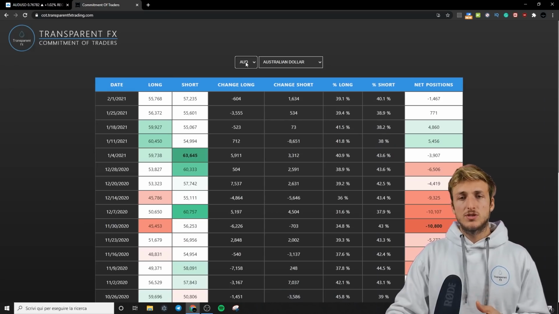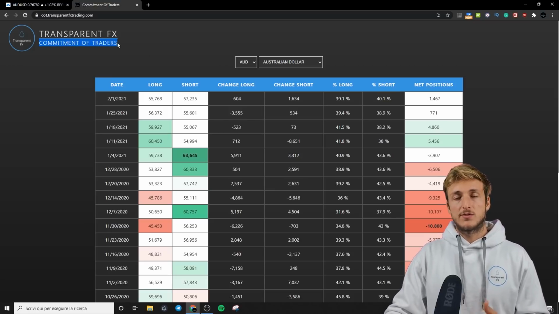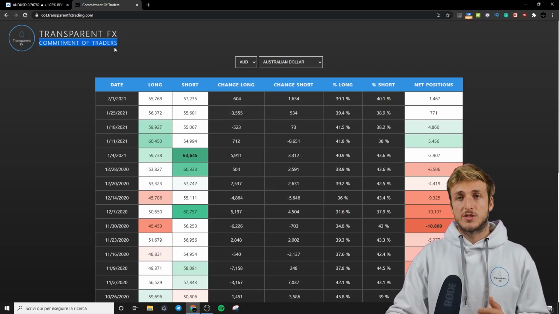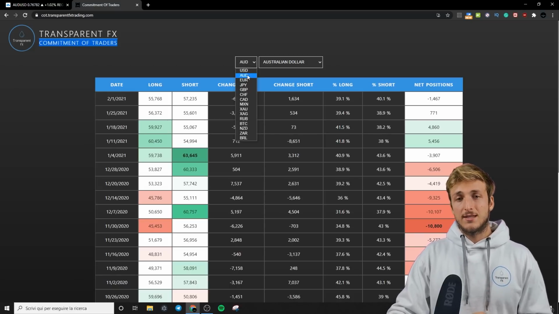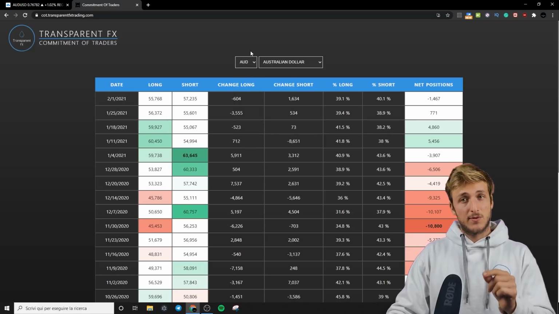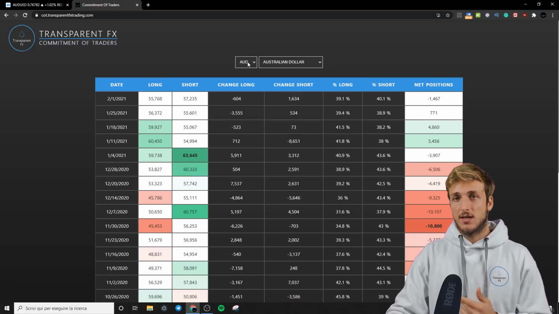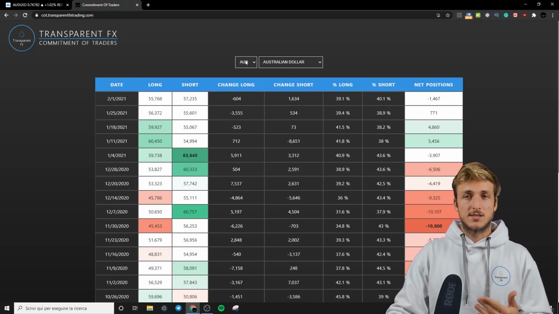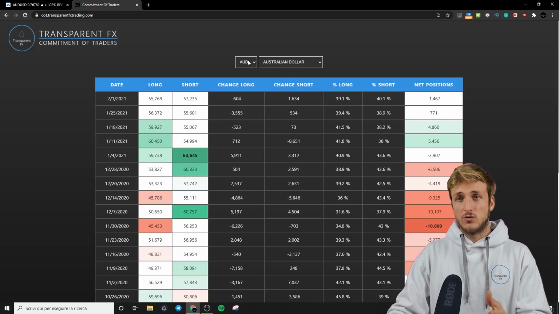Now, if we go and see what we have from a COT perspective, so commitment of traders perspective, which is what hedge funds are doing in the market, and if we get the data for the AUD, and keep in mind that if I'm checking the AUD, I'm already checking AUD USD because all currencies on the spot are traded against the USD.